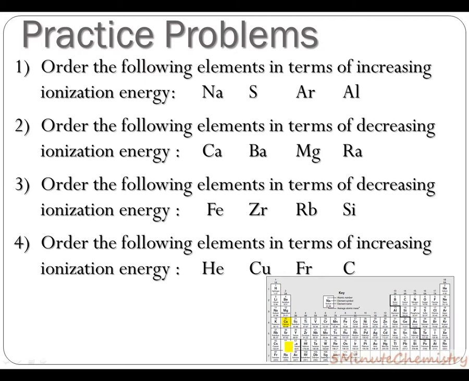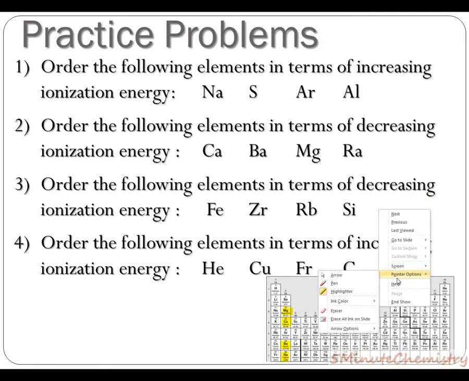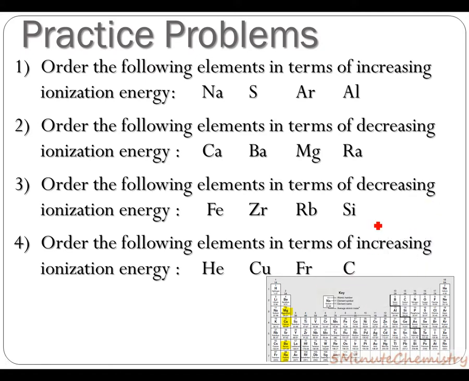Looking at these values, we want to go from high to low. High values are on the top right, low values bottom left. Top to bottom, I want to go high to low. So it will be magnesium, calcium, barium, and lastly, radon.